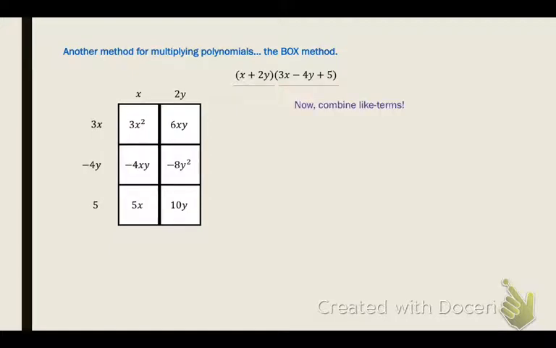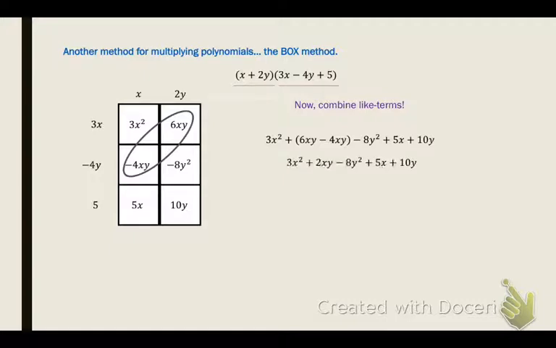Okay. And then we just combine like terms. So it's basically the same as what you just did. We're just skipping a couple steps and we had to draw this box to organize it better, okay? So we combine like terms. Those are the only two that are alike. So we end up with 3x squared plus 6xy minus 4xy minus 8y squared plus 5x plus 10y. Simplify that down.